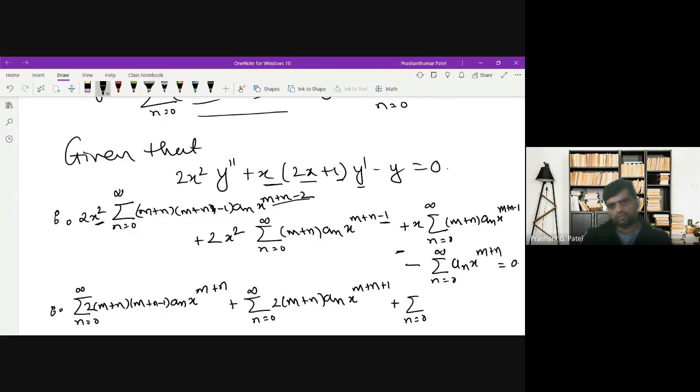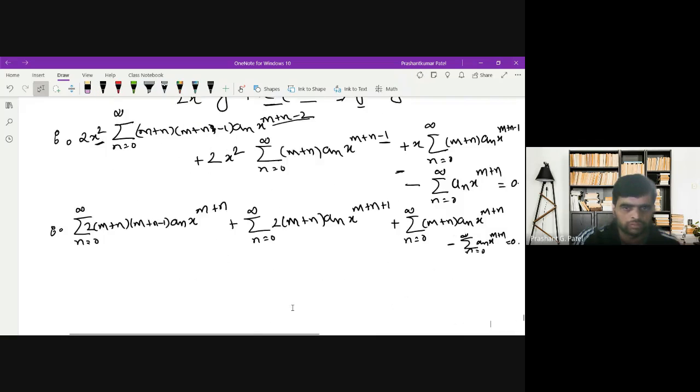So summation n running from 0 to infinity of (m plus n) a_n x raised to m plus n, then minus summation n running from 0 to infinity of a_n x raised to m plus n, equal to 0. Now, what will be the lowest degree term in this expression of x?